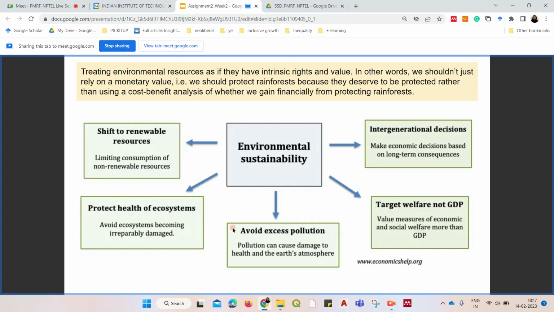But what environmental sustainability tells us is that you cannot judge how environmentally sustainable a country is just by looking at its GDP, because GDP is just an economic measure of how the country has used its environmental resources and what value it has gotten out of the use of those resources.